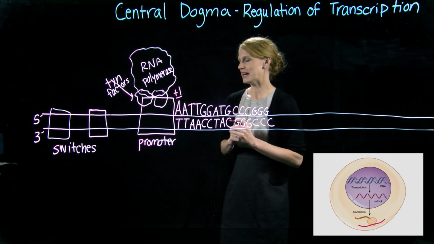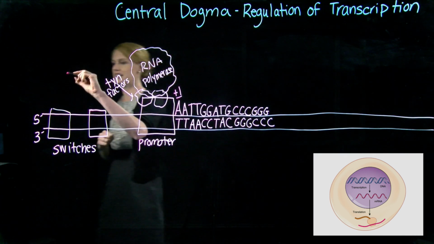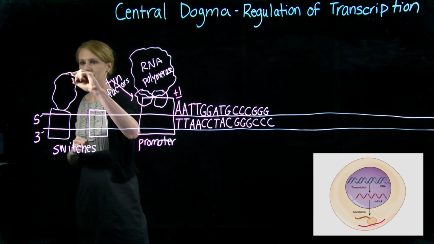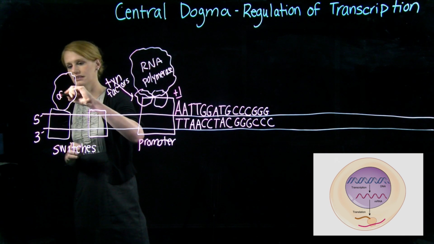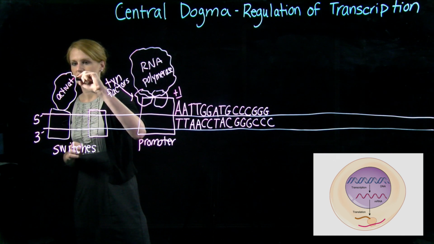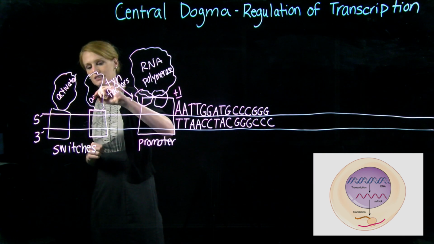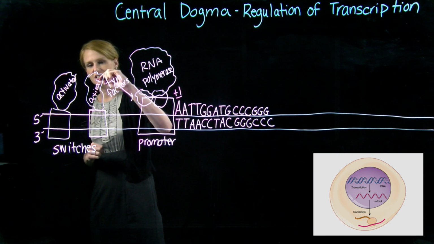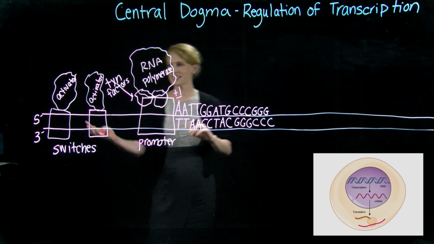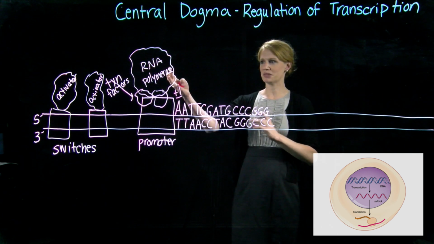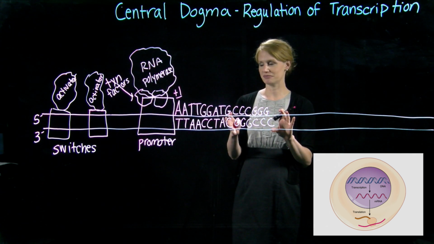These switches are bound by proteins called activators that can, like their name implies, activate RNA polymerase to start transcribing a gene.